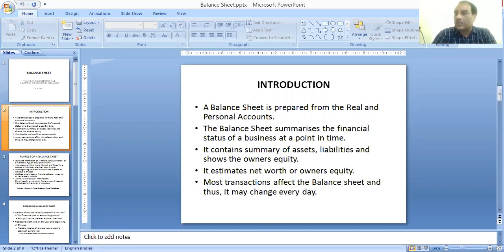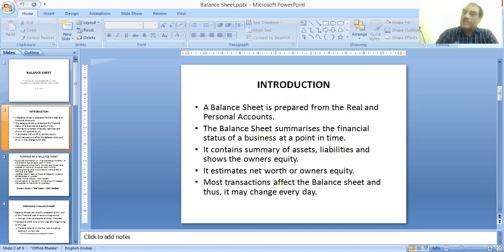It is very important to understand that it gives the financial status, the financial condition of a business at a particular point in time, as on date. If it is prepared today, it gives the financial status of that business for today. What is the condition? What is the status of this business today?